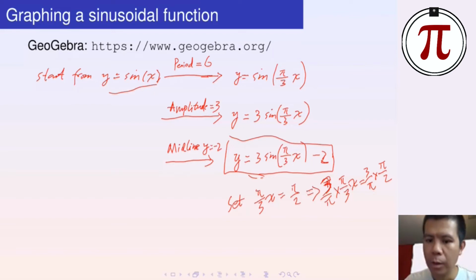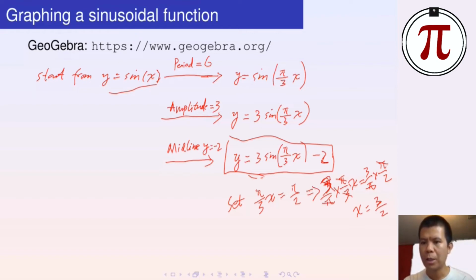Here the 3 and 3 cancel out, pi and pi cancel out, and pi and pi cancel out. So x equals what? 3 over 2. Here x is 3 over 2.